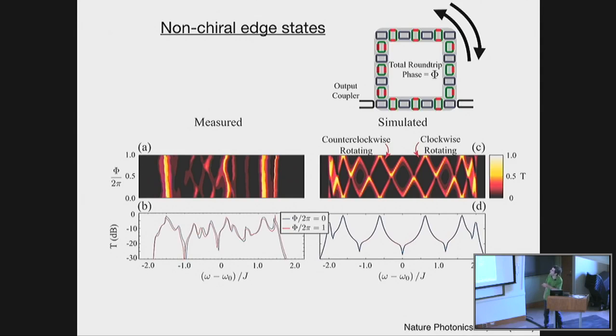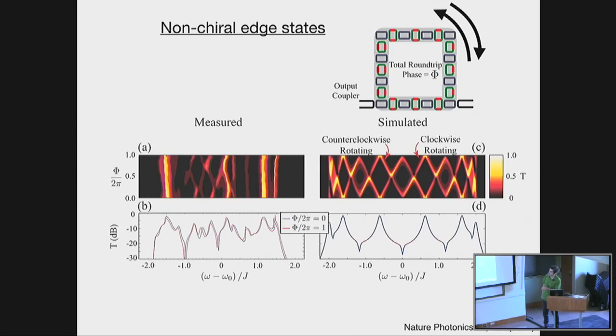I have some states that go this way, but some states that go that way. If I gauge a trivial system, what should I see? I should not see this spectral flow. Some of them will go to the left, some of them will go to the right. But when phi becomes 2 pi, they should come back to the same place. That's what you expect in a trivial system where it's not chiral.